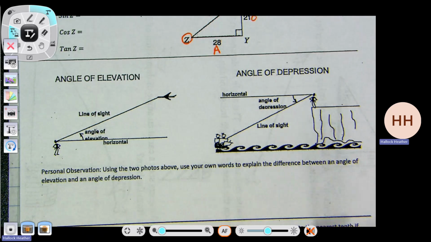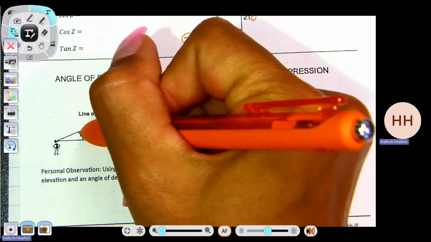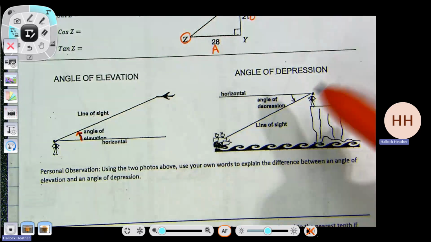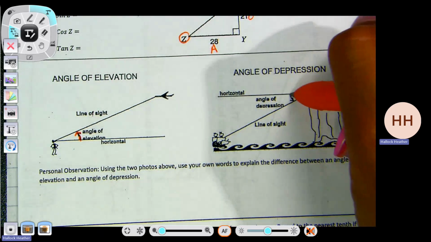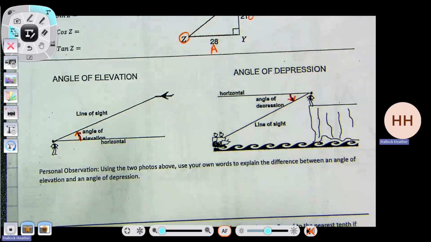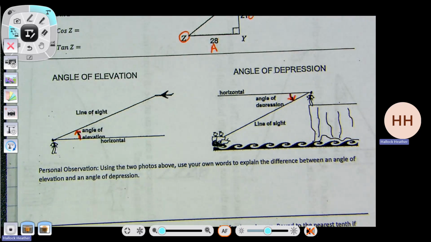So when you're looking at this, your angle of elevation is right here, in the little triangle. This one is your angle of depression. So take a second and just think about what the difference is, because they are not the same. In your own words, describe the difference between them. A hypothesis, a conjecture, science class.